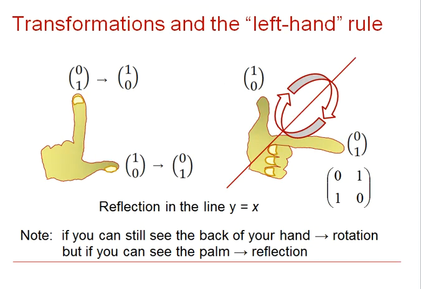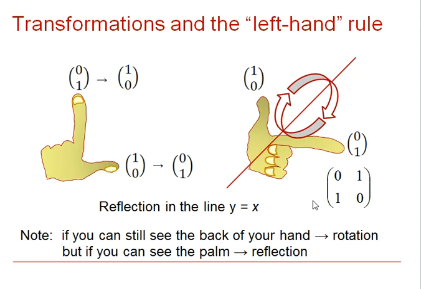In contrast, if you again start with your thumb at 1, 0 and your index finger at 0, 1 and reflect in the line y equals x, in other words, turn your hand over so that you can see your palm, you will notice that your index finger is now pointing to 1, 0 and your thumb to 0, 1, leading to this matrix here.